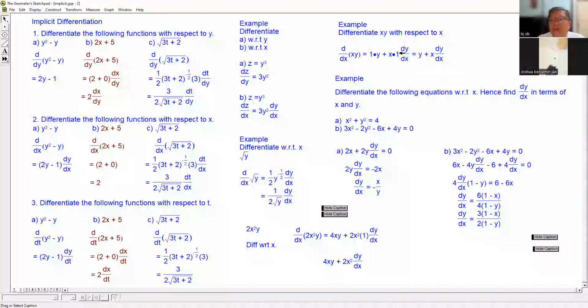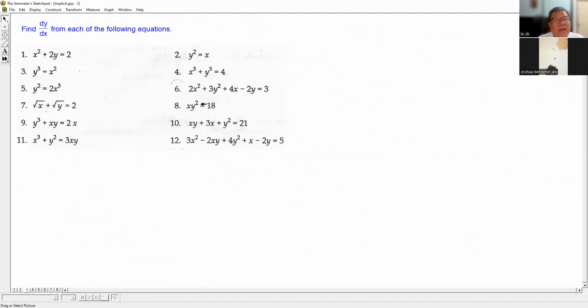Use the product rule, right? So starting from number 8, you see got xy there, got xy there, got xy there. All this you need to use the product rule. So from number 1 until number 7, no product rule. Very simple, just this one.